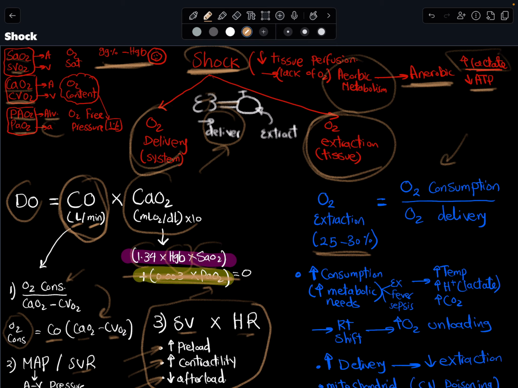The other factor that plays a role in the oxygen extraction is the oxygen delivery, which is a reciprocal effect. So if the tissue has access to a lot of oxygen, it will not take a lot of oxygen, which is a demand supply issue.